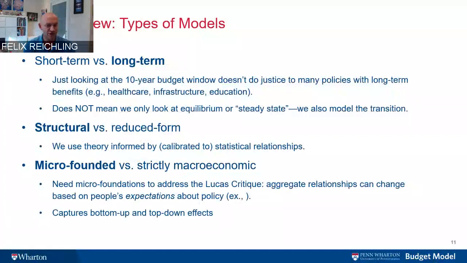So if somebody in our household is 35 years old and makes $50,000, we want that person to face incentives and decisions that that kind of person would face in the real world. Otherwise, the model would be slightly off and produce results that wouldn't make a whole lot of sense in the worst case scenario. Of course, the Lucas critique: aggregate relationships can change based on people's expectations about policy.